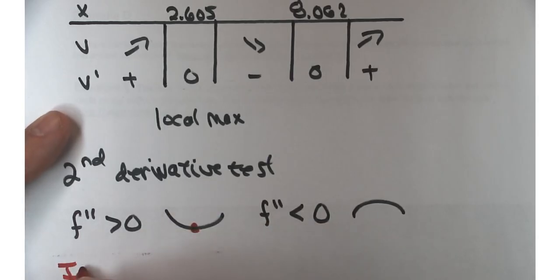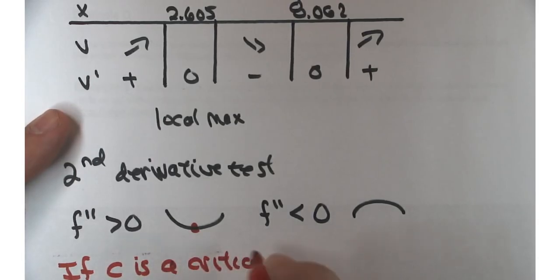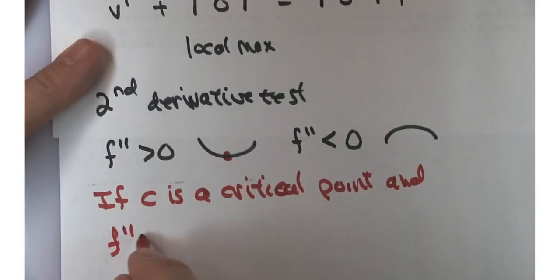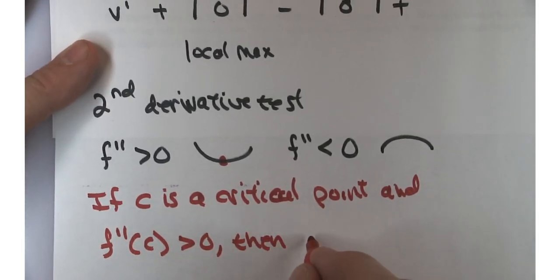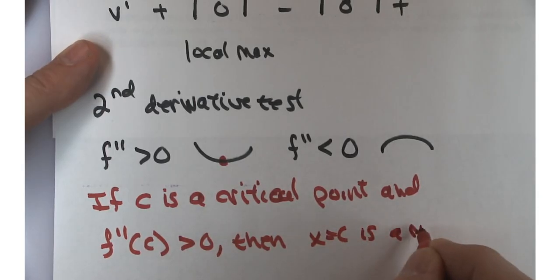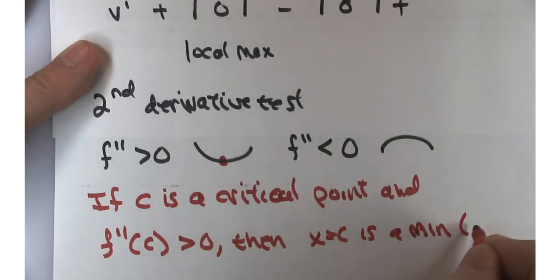So if c is a critical point and f double prime of c is greater than 0, then c is a minimum, or local min.